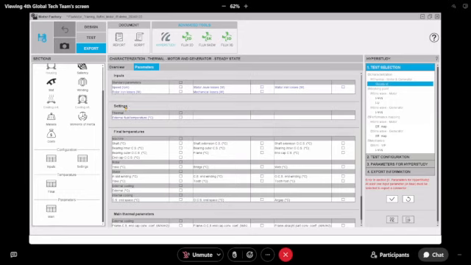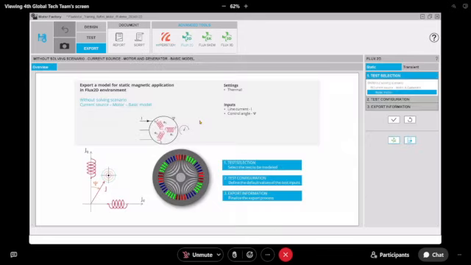There are some advanced analyses that we don't have directly in Flux Motor. That's why you need to move to HyperStudy to make eccentricities or short circuit analysis, or to take into account some additional losses with the PWM supply, for instance, that you can't take into account within Flux Motor.